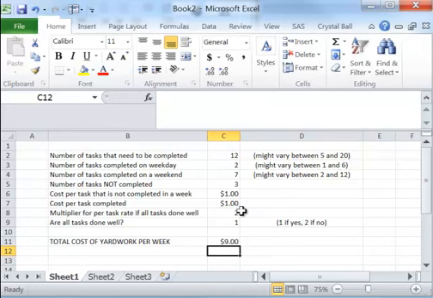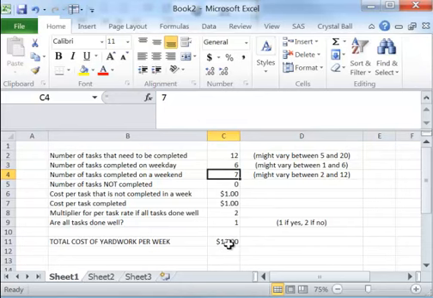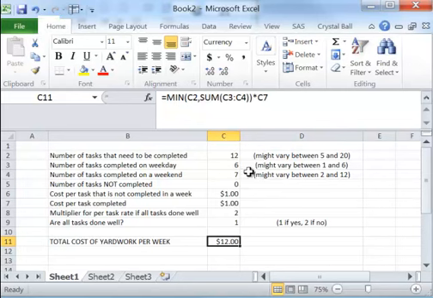We'll just start with that bit of it. So notice here he did 9 tasks and he got paid $9. But if instead he got 6 tasks done on the weekday, notice I'm only paying him, because I use that min function, for 12, because though he could have gotten 13 done, I only had 12 tasks for him, so I want to pay him for those 12 tasks.